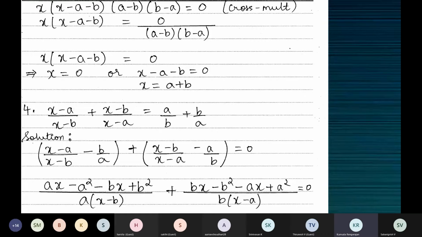Please tell me if the first and second steps are fine. First and second steps are fine. Second one is common denominator. Yes, ma'am. Okay.